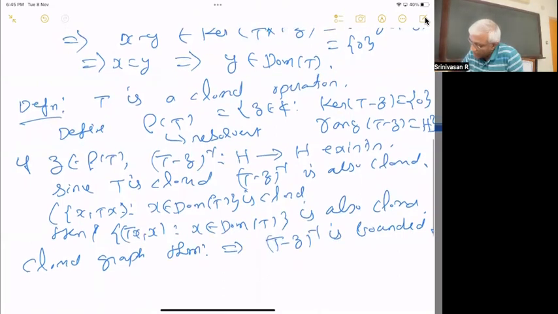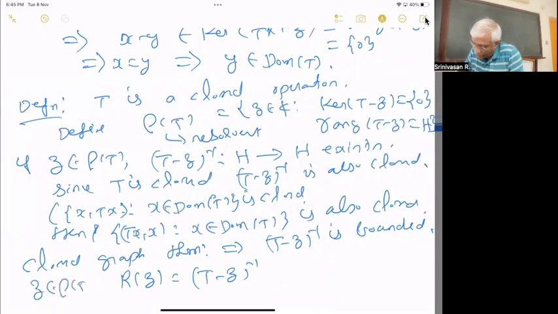This operator is called the resolvent operator. We will not use this, but I am just telling you. For Z in rho of T, we can define this. It is a bounded operator. It satisfies some resolvent equation and all that. If needed, I will come back. For the time being, I'm not doing this.